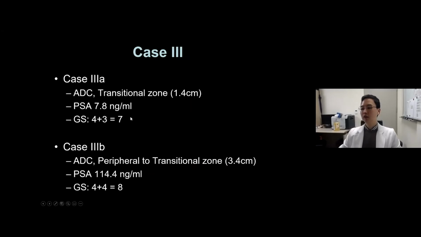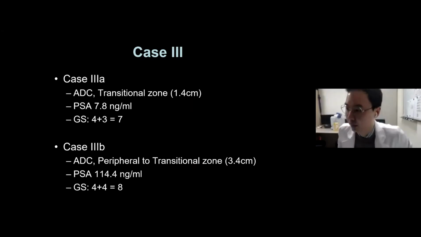From the biopsy results, the first case was an adenocarcinoma from the transition zone, the size was 1.4 centimeters, PSA level was 7.8, and Gleason score was 4+3.